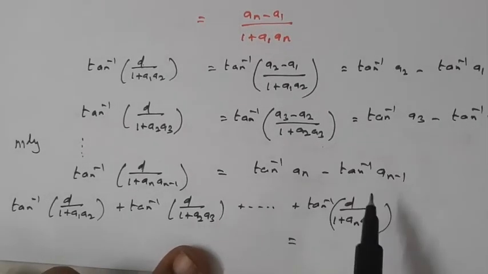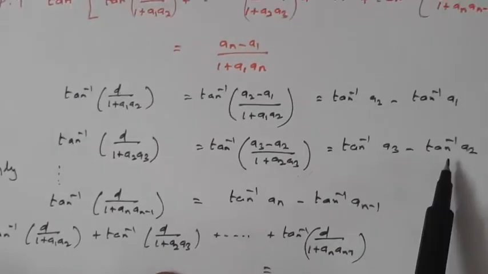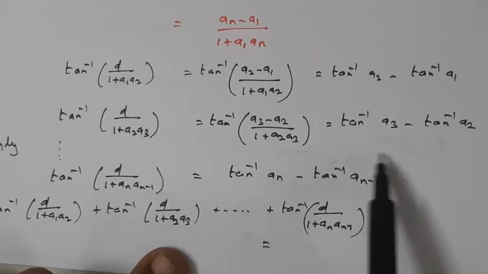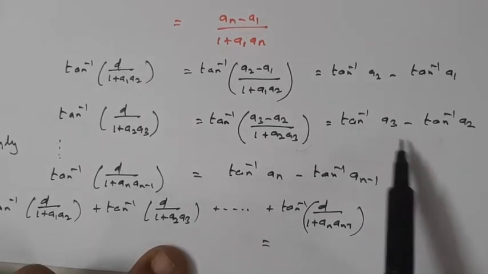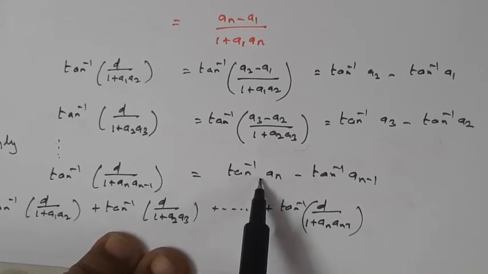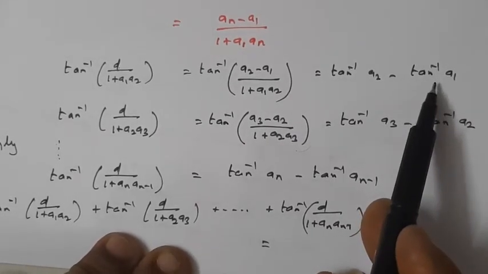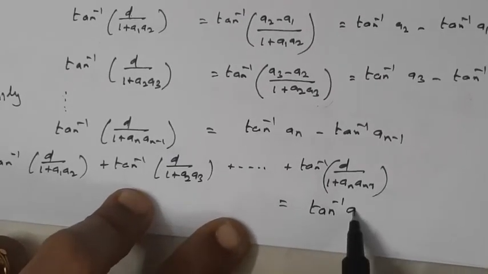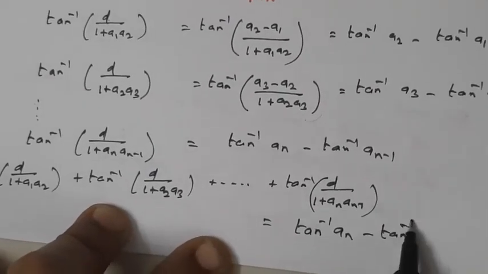So, what happened on adding, tan inverse of a2 and here minus tan inverse of a2 will get cancelled. Similarly, in the next one you have minus tan inverse of a3, so this will get cancelled. So, at last you will have tan inverse of an and minus tan inverse of an. So, what would be the summation? You will get tan inverse of an minus tan inverse of a1.